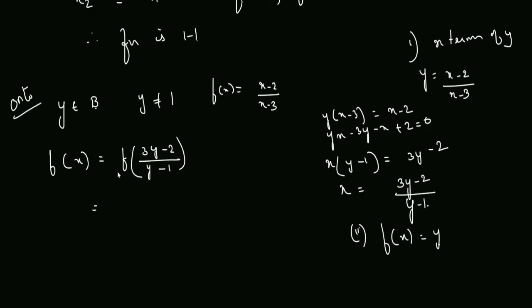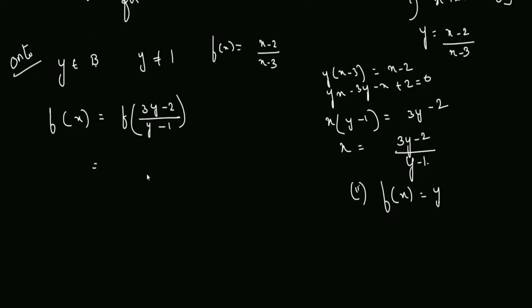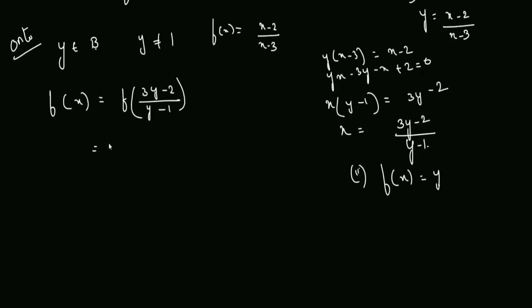So in the place of x you substitute this. You'll get (3y minus 2) by (y minus 1) minus 2, divided by (3y minus 2) by (y minus 1) minus 3.